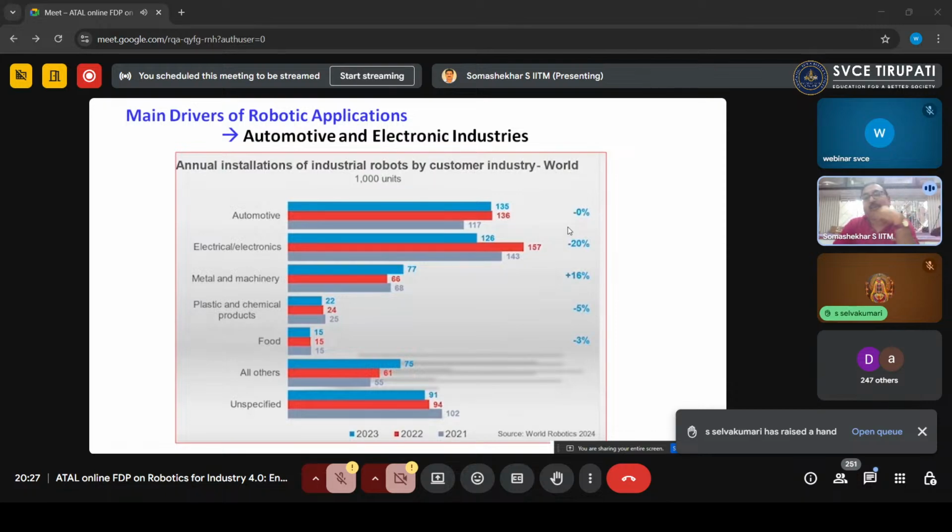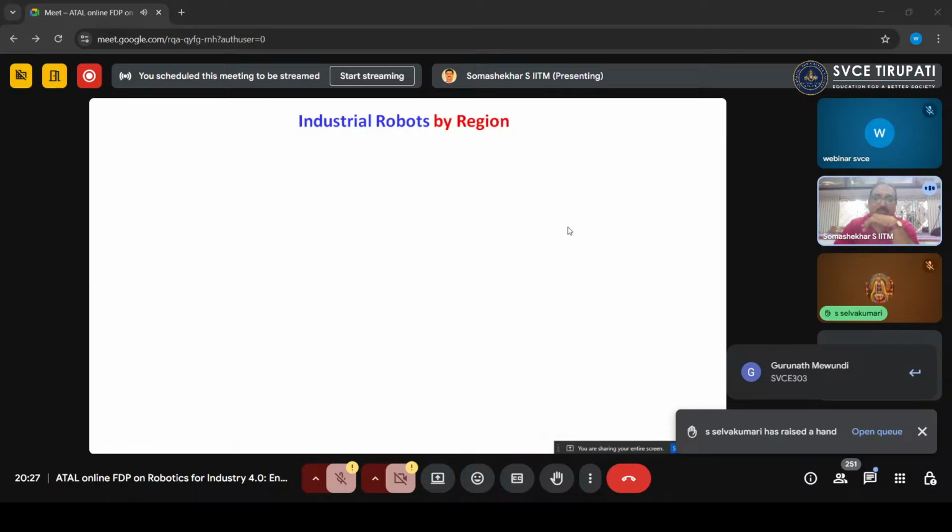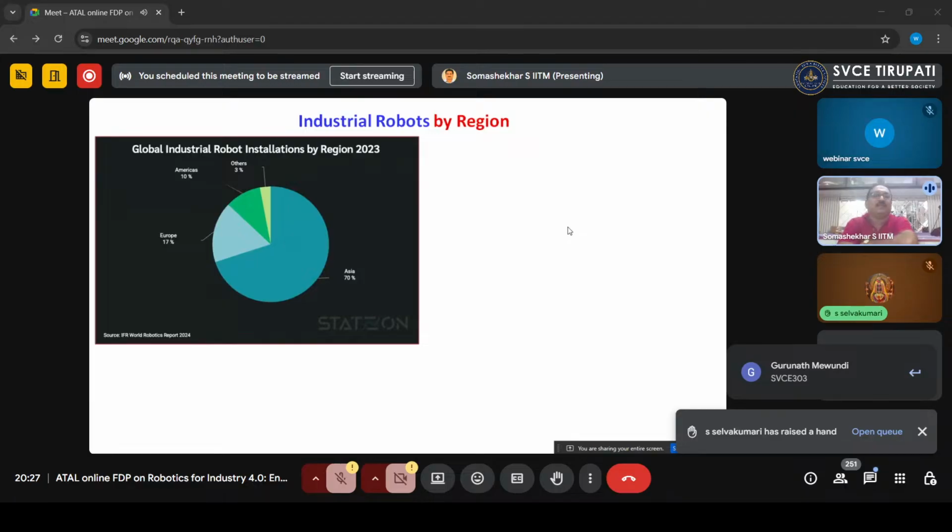If you look at industrial robot applications across different categories of industry, automotive is number one, then the electrical or electronic industry, metal and machinery, and plastic and chemical products, food, and all others come in the next category of annual robot installation. Region-wise, about 70% of the robots were installed in Asia in 2023.